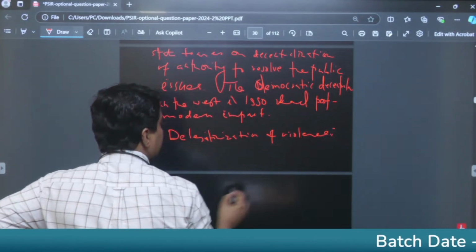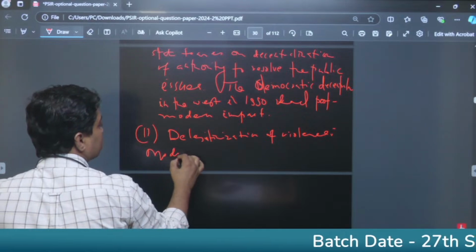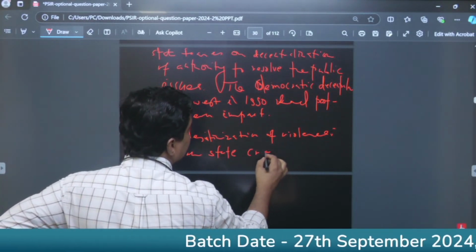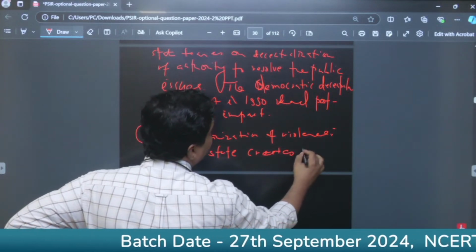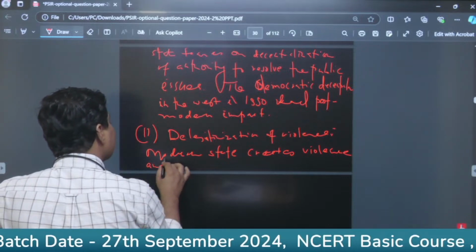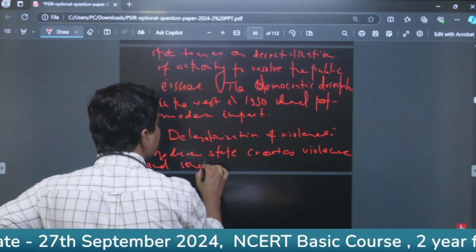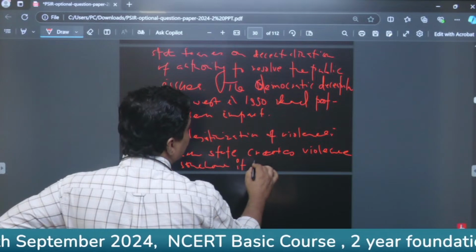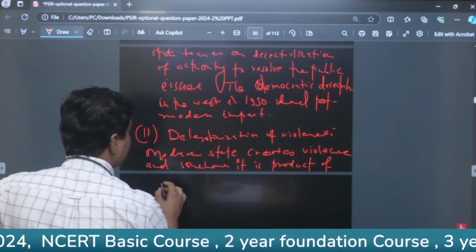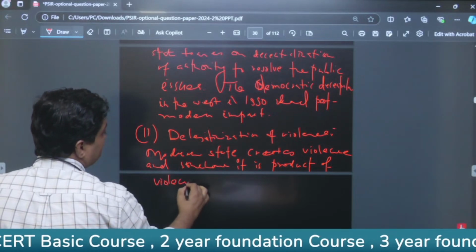The modern state creates violence and somehow it is also a product of violence, right?